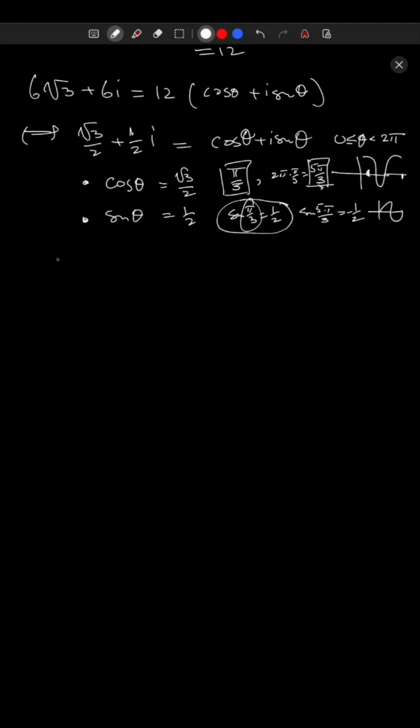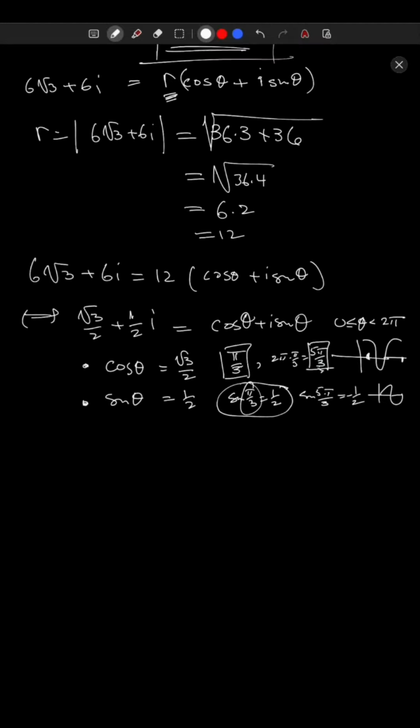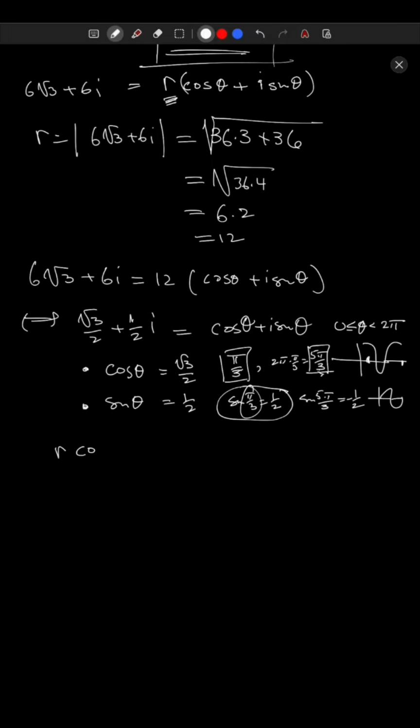Okay, so what we conclude is r cos... 6 root 3 plus 6i is equal to 12 cosine pi over 3 plus i sine pi over 3.